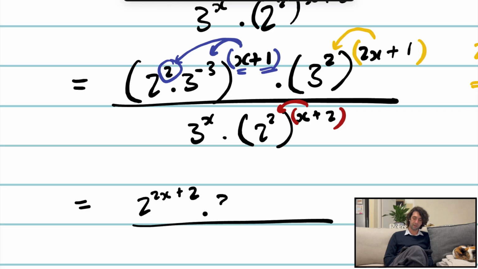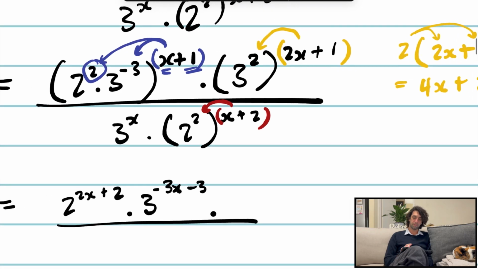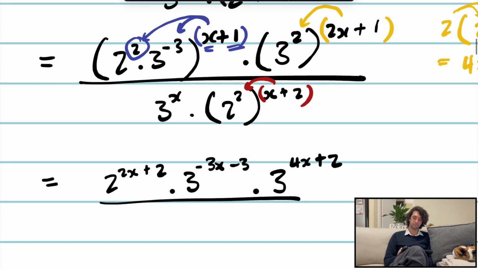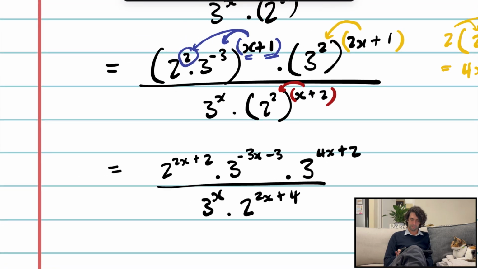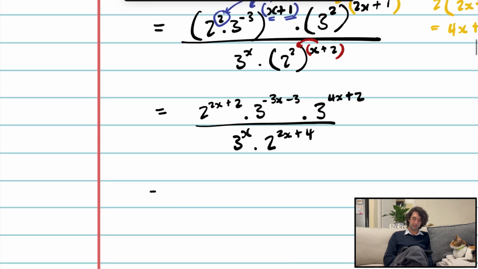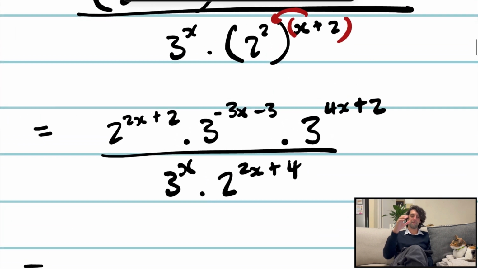That is then multiplied by 3 to the power of negative 3x minus 3, multiplied by 3 to the power of 4x plus 2, divided by 3x, multiplied by 2 to the power of 2x plus 4. Okay? And now that I have it all written out, I have all my brackets multiplied in.